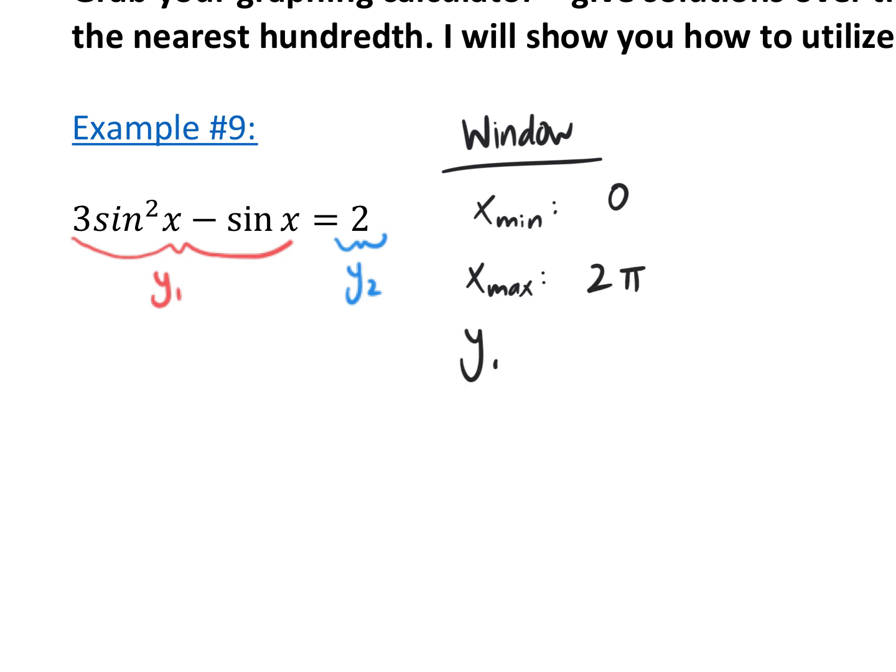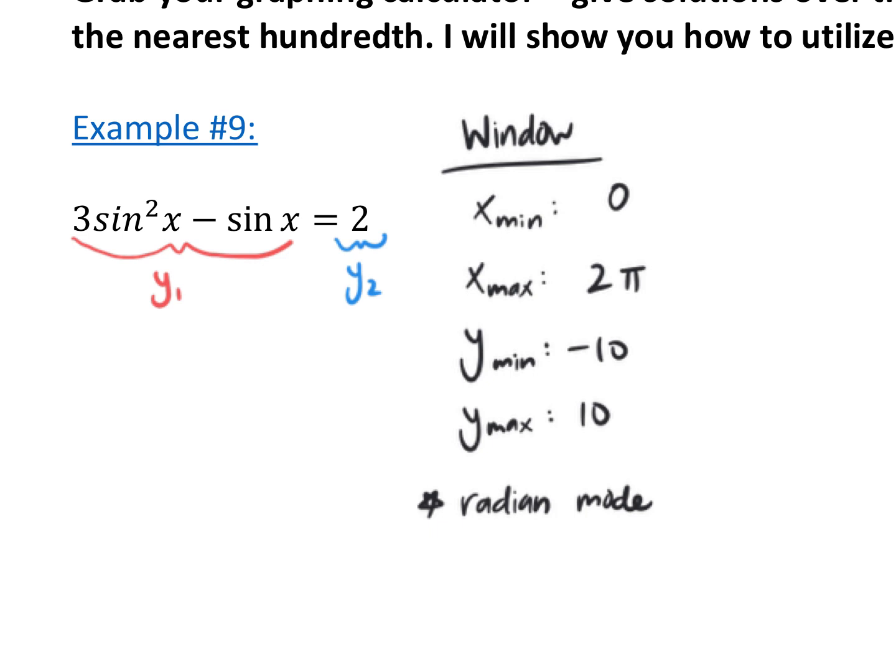For your y minimum, it doesn't really matter, let's just do -10, and your y maximum we can make 10. The other thing to make sure of is that you are in radian mode on your calculator. As long as all of that is typed in correctly, and you type both of these things in, we should be okay.